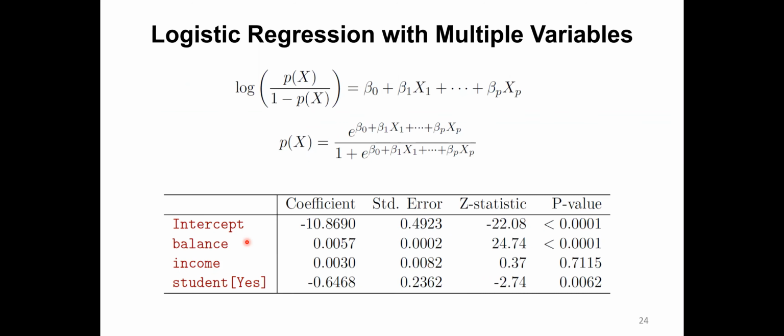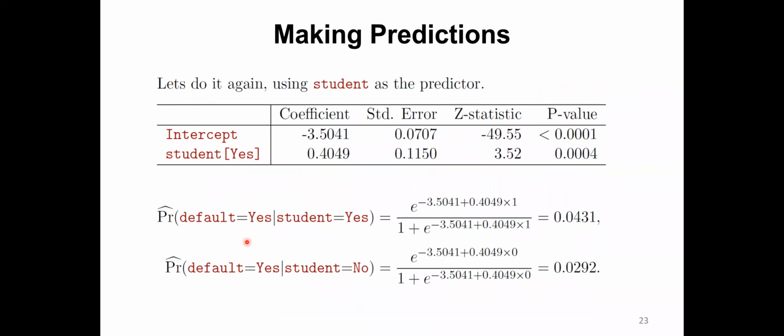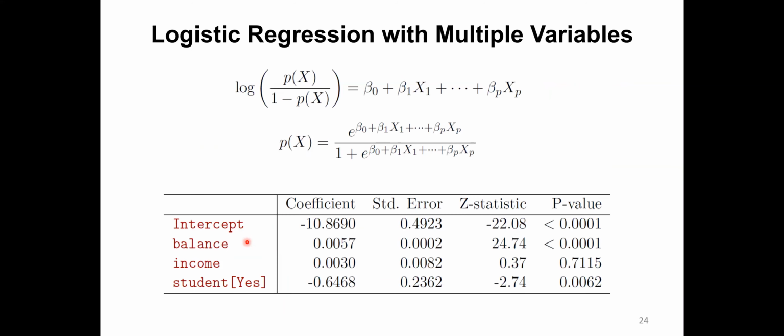In the previous two examples, one used balance as a predictor, the other used student as a predictor. We can also use multiple predictors. For example, with log odds, we have multiple p predictors, and we can still calculate this.